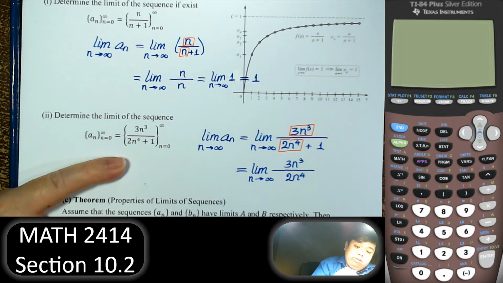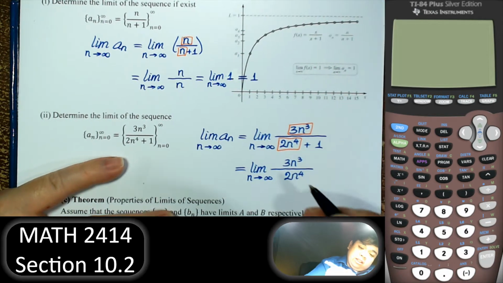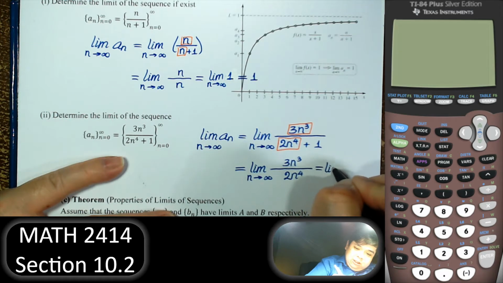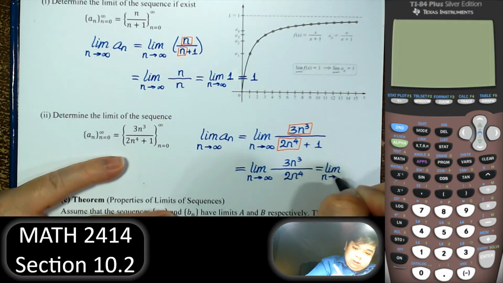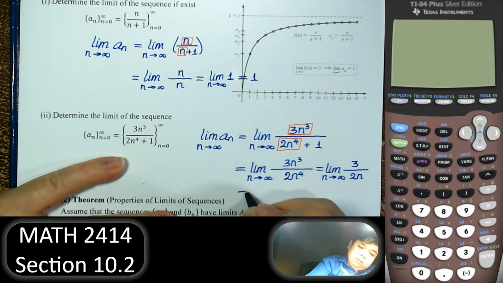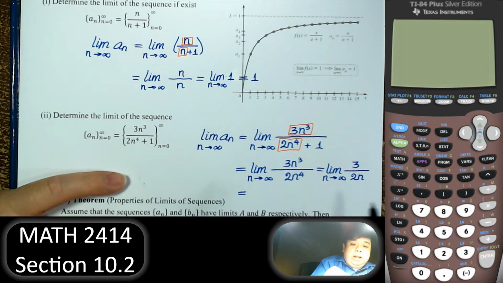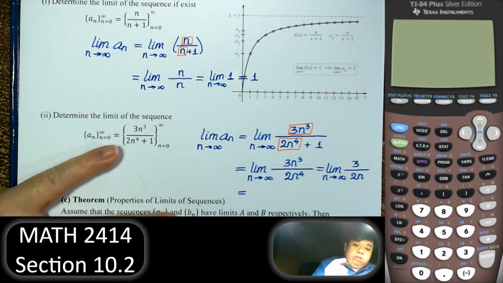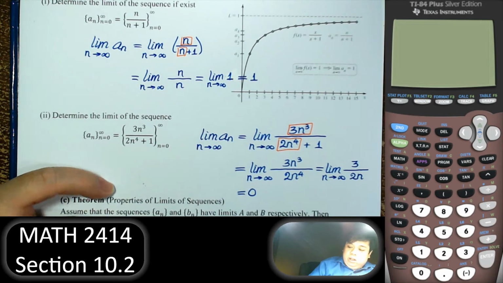And then when we simplify, we have 3 over 2n. The top is finite, the bottom is infinity. Finite over infinity is going to be 0.